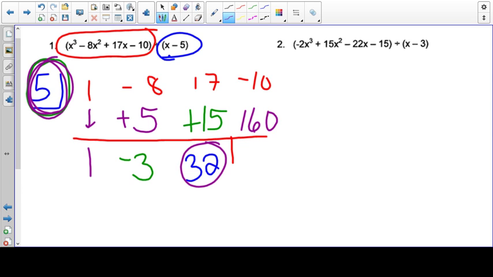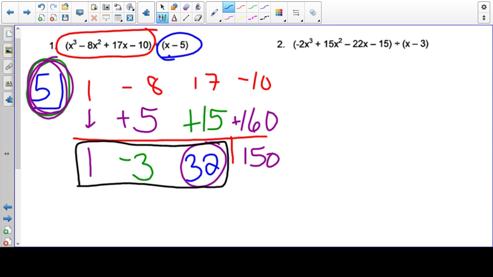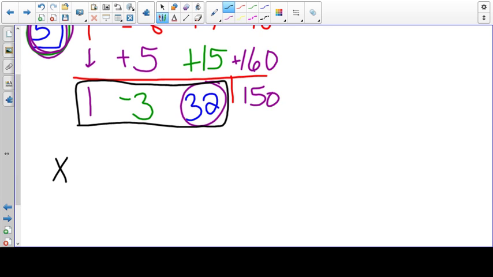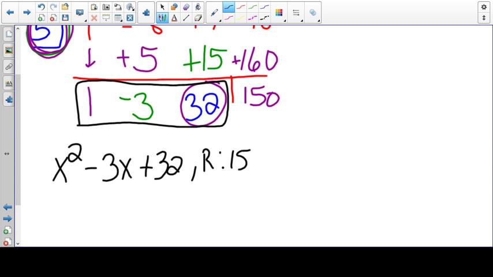Negative 10 plus 160 is 150. So my answer is, using these coefficients that I just found, my first term will be 1 less than the x I started with. So I started with an x cubed, so I'll have x squared minus 3x plus 32 with a remainder of 150.